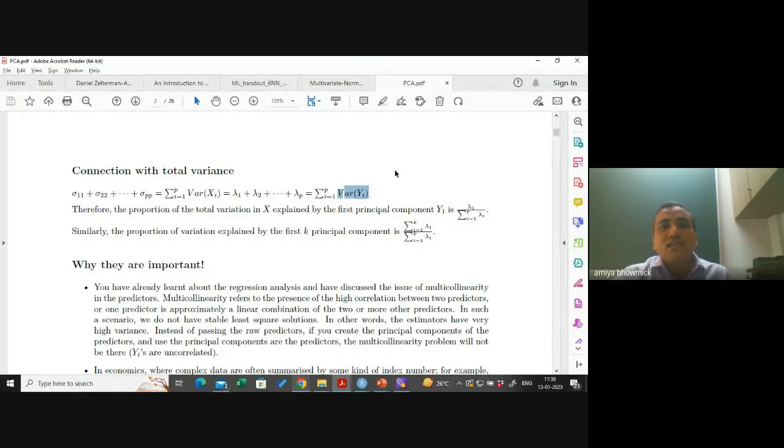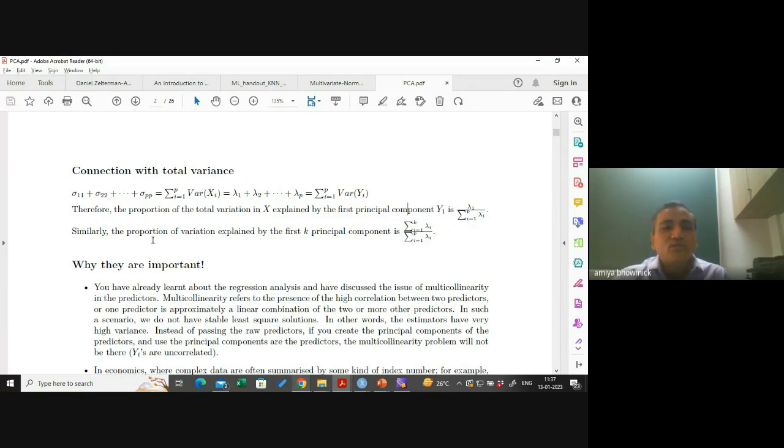But interestingly, this gives us a wonderful result: how much proportion of the variation is explained by the first principal component. The total variation is the sum of the eigenvalues, and the proportion explained by the first component is lambda 1 divided by this.